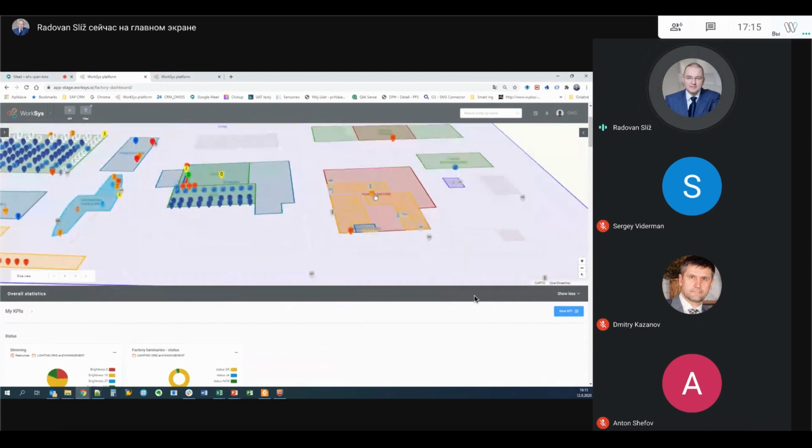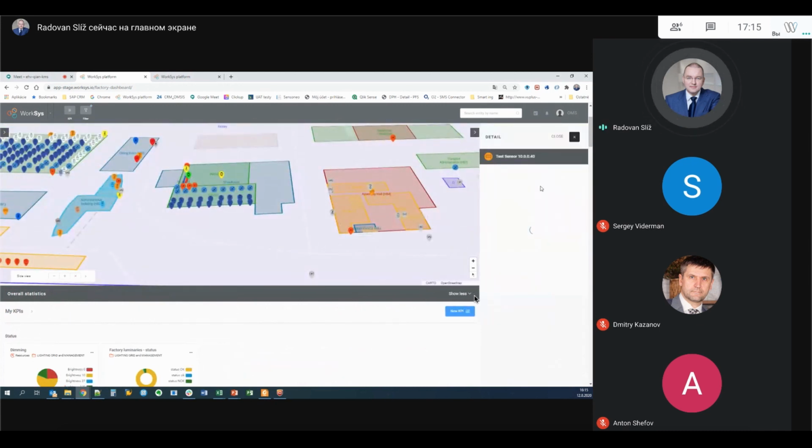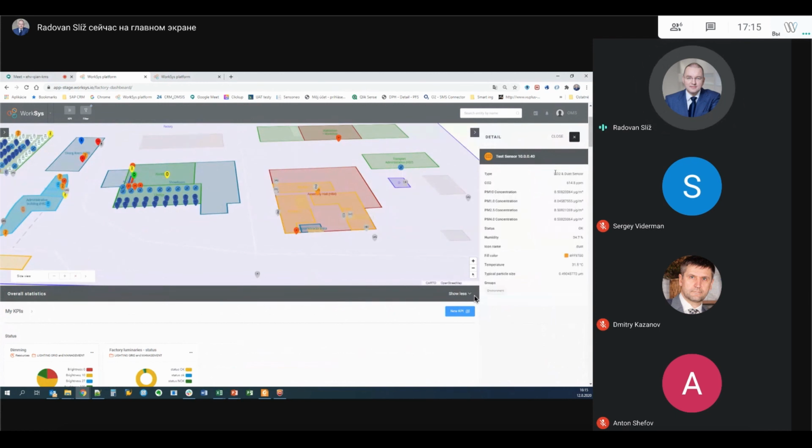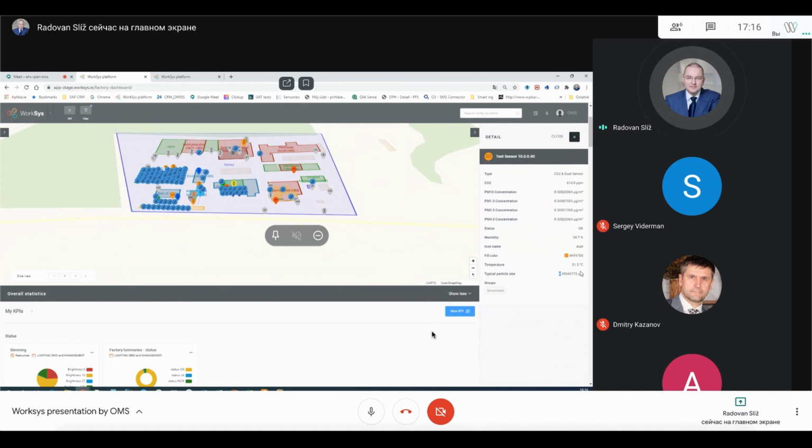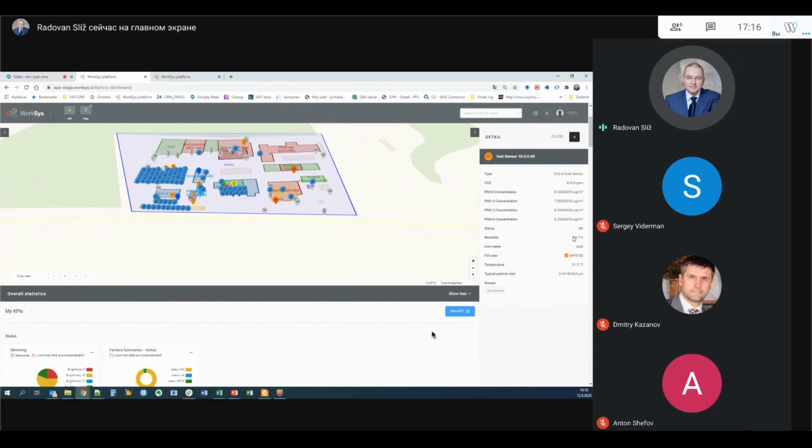We have the combined sensor where we collect information about CO2 and a dust sensor. This is information about the CO2 numbers. There is the dust, depending on the sizing, the typical particle size, and temperature and humidity in real time.